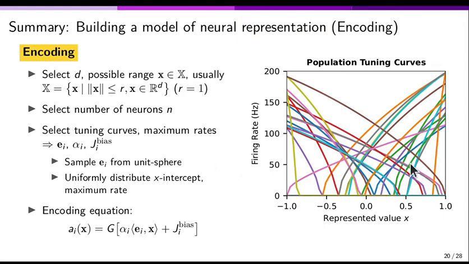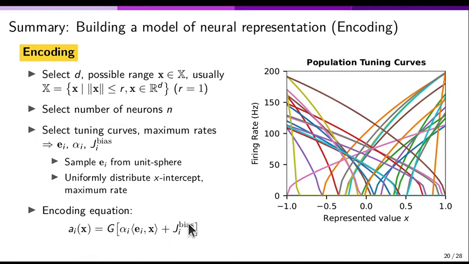But then each of the neurons has different scaling properties and is shifted back and forth different amounts. That's controlled by this gain parameter that's different for each neuron and this bias parameter. The gain parameter is strictly positive. The bias parameter can be whatever it wants.